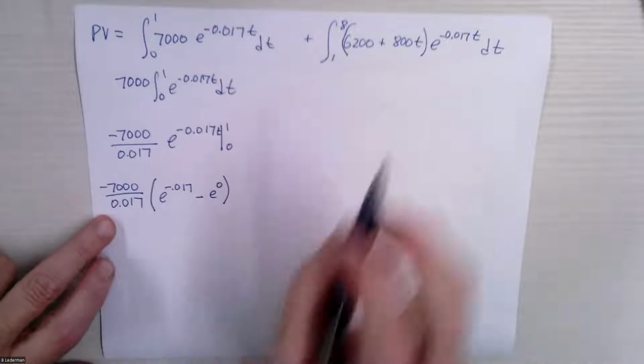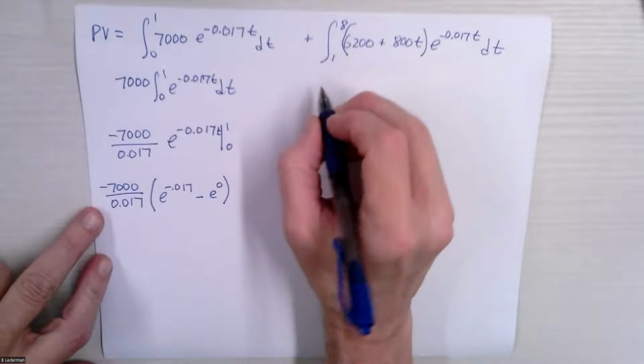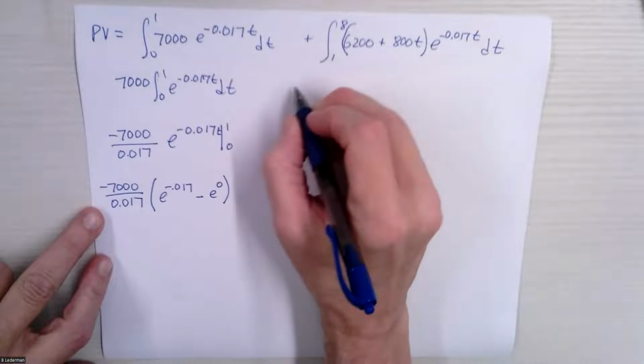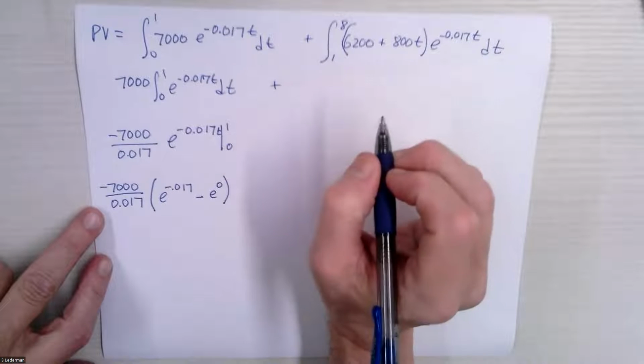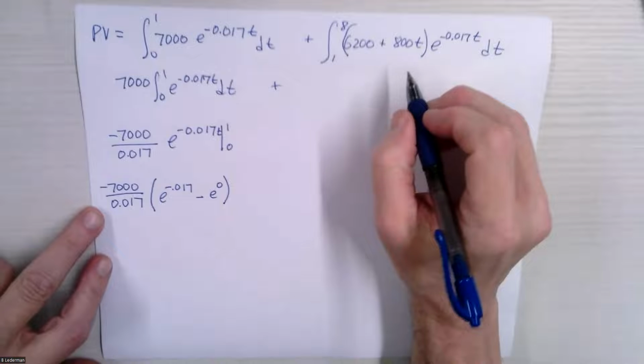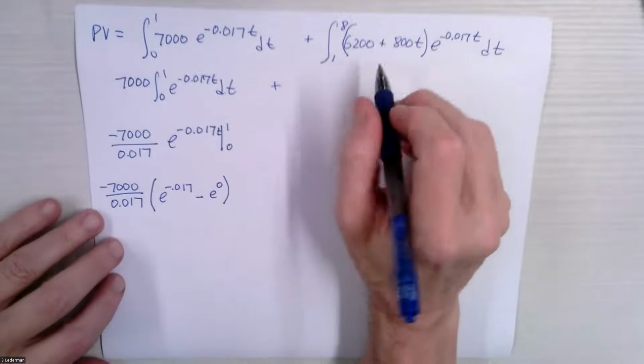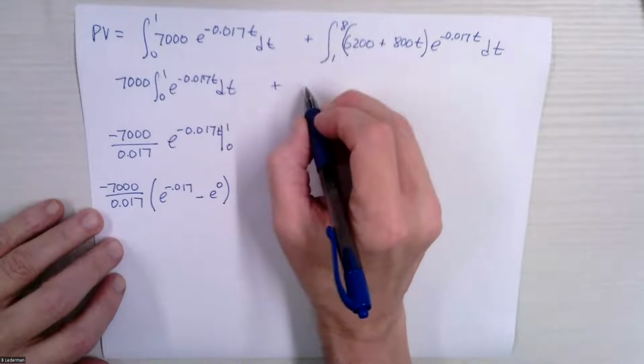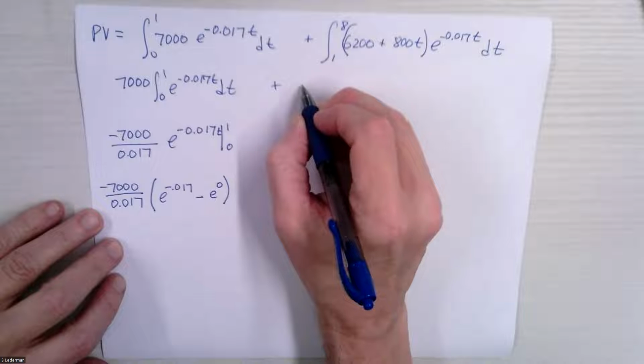Oh, I left that little t, sorry. That's the first integral. Now the second integral is going to be, I could take out, I'm not going to bother. This is going to be 6,200t.